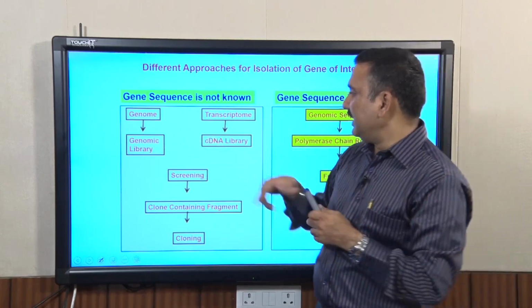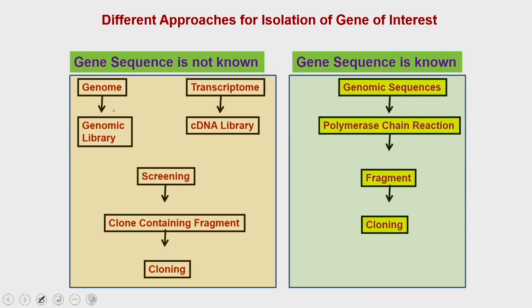Subsequent to this, whether you have prepared the genomic library or the cDNA library, all these libraries have to be screened using a particular type of criteria to isolate your particular gene, and this is what we are going to discuss in our subsequent lecture.